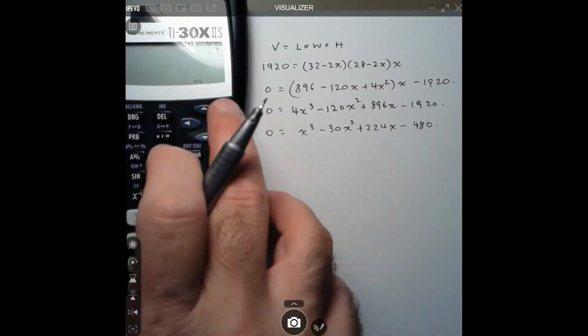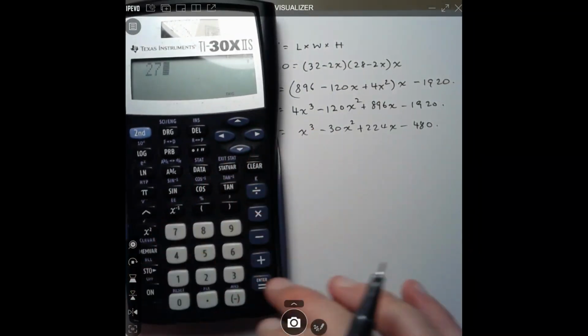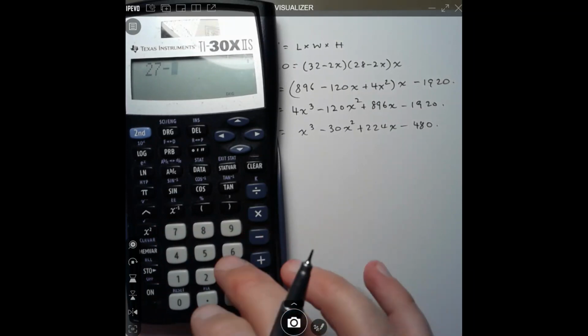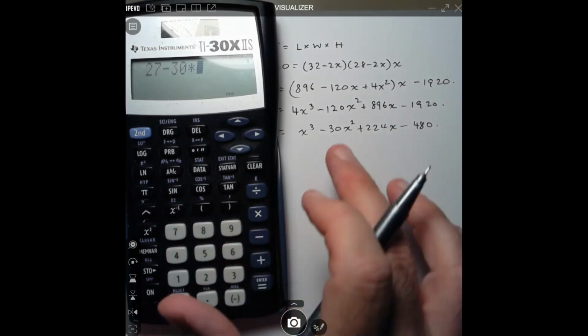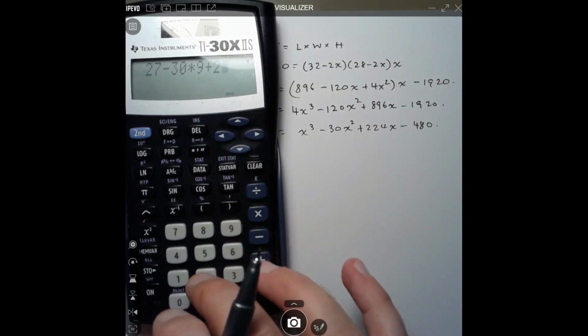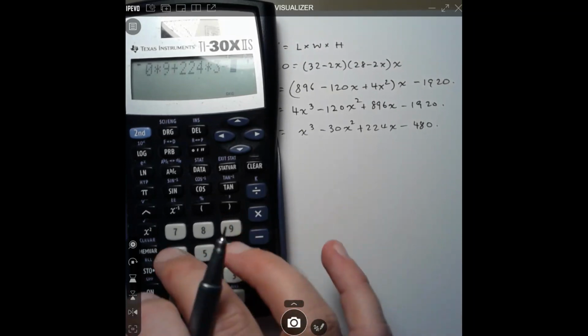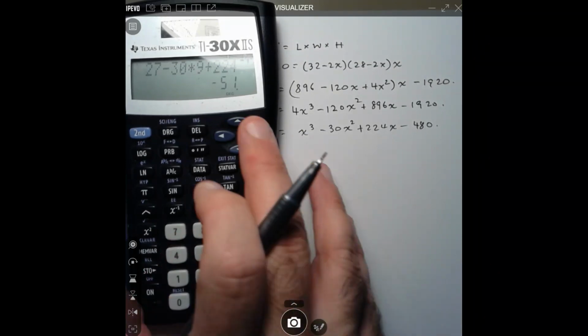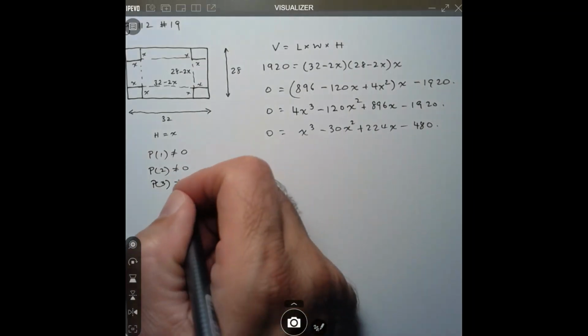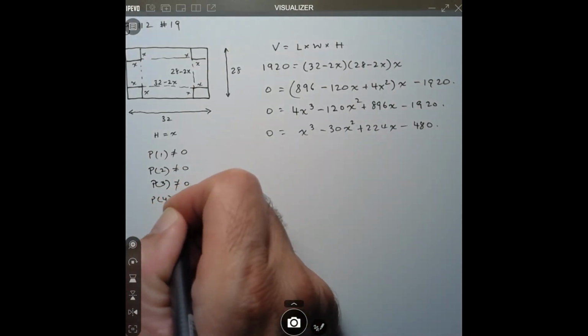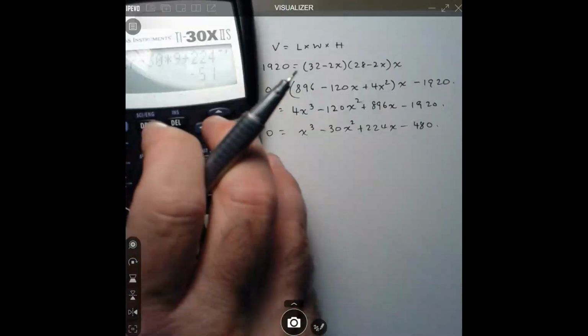So 3 cubed is 27, minus 30 times 3 squared is 9, plus 224 times 3, minus 480. No, still not 0. So let me try 4, because that's also a factor of 480.